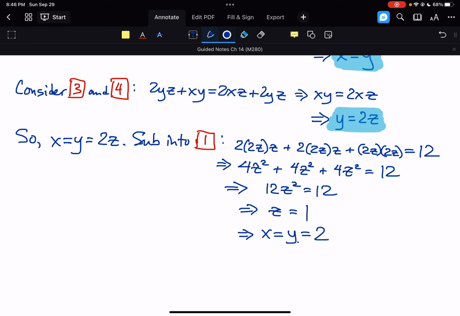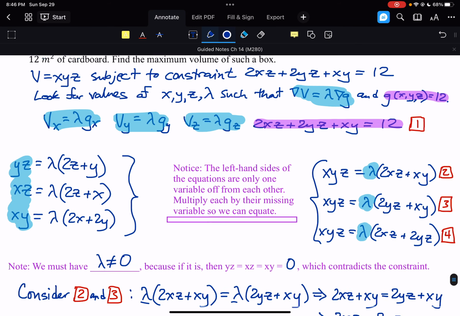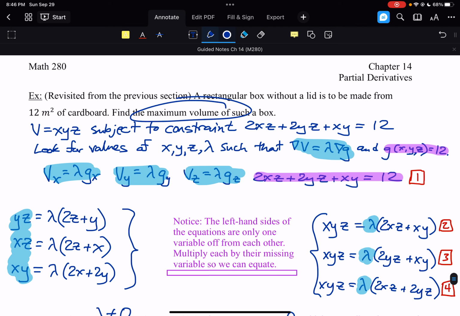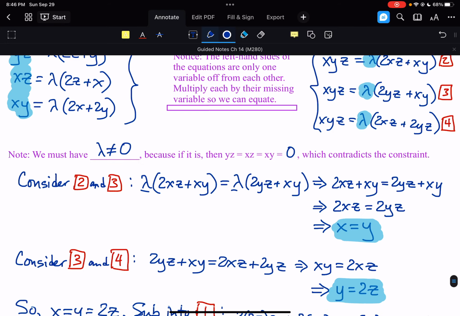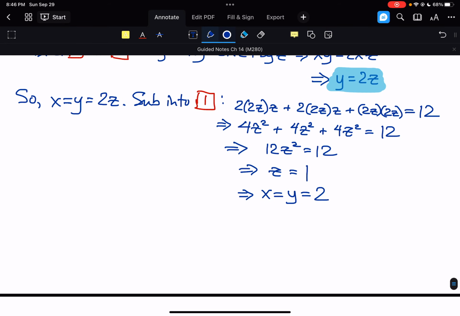So our values x, y, and z are here, and we are trying to find the maximum volume of this box. So we're going to multiply. Maximum volume is 2 times 2 times 1, which is 4 cubic meters.